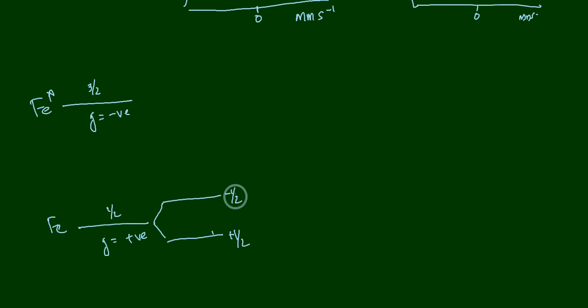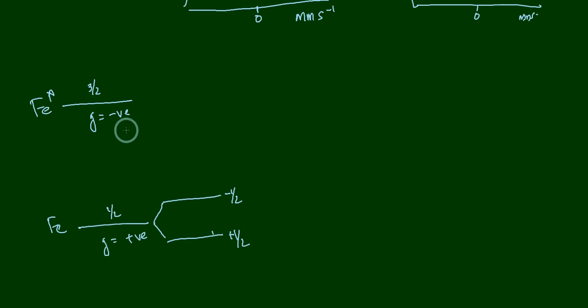You have already seen this in the case of proton NMR. In proton NMR also, the proton has a positive G value, so the plus half orientation has a lower energy and the minus half orientation has a higher energy. The same is the case here in the ground state of the ion.